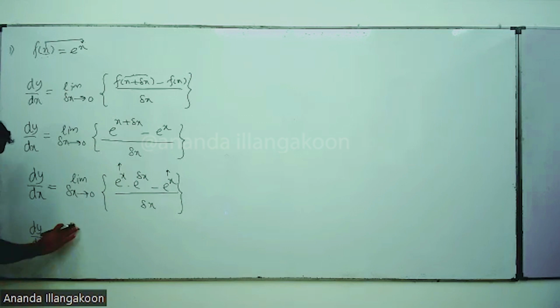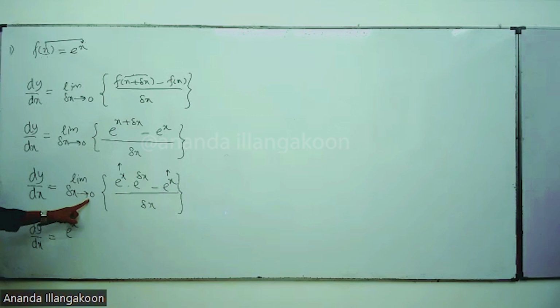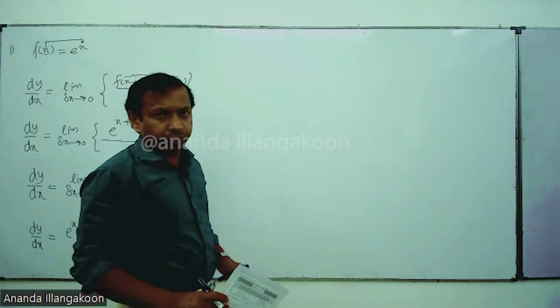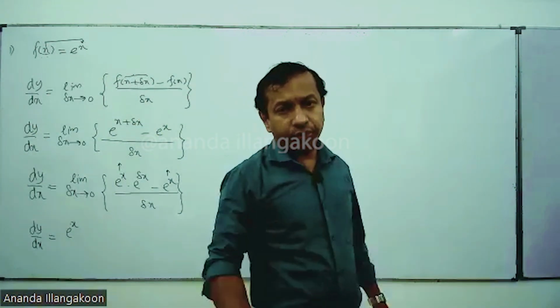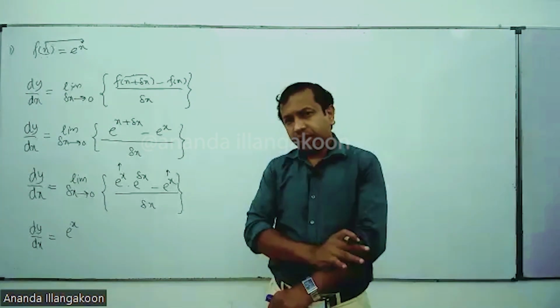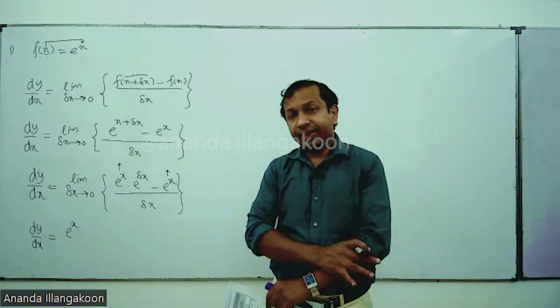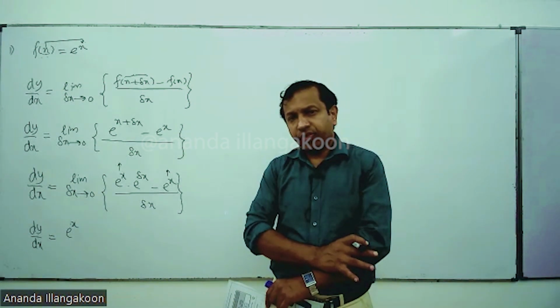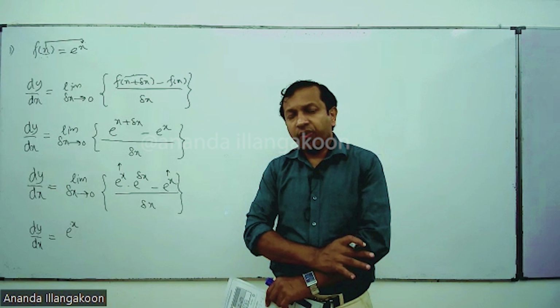Because this e^x, delta x going to 0 does not anyway affect that x, you know that. Delta x means small increment in x. We add a very small value to x.